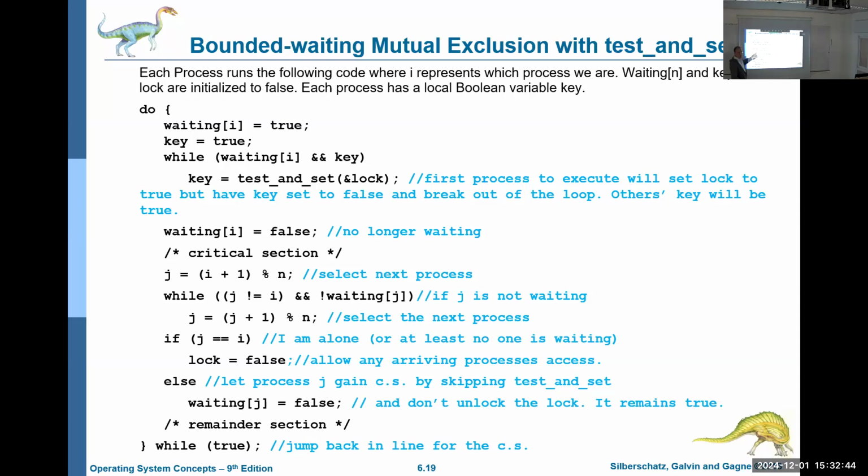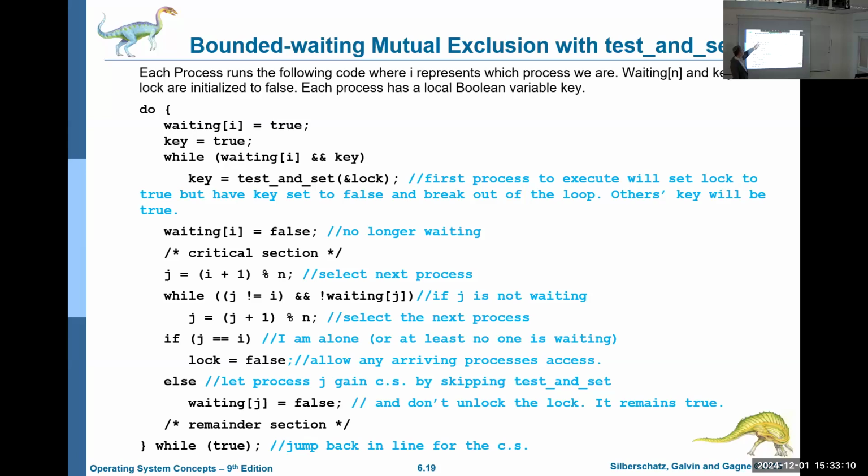Whenever you see something like i plus 1 percent n, percent n means we're going to go wrapping around. So if there are 10 processes, when i is 9, 9 plus 1 is 10, and 10 modulo 10 is 0, so it goes back to 0 again. So I'm going through all the processes, assuming that there are 10, or however many there are.